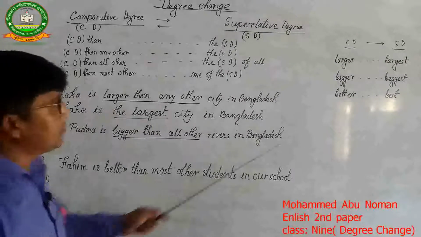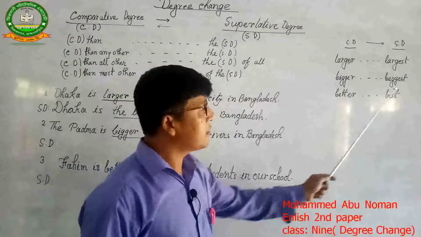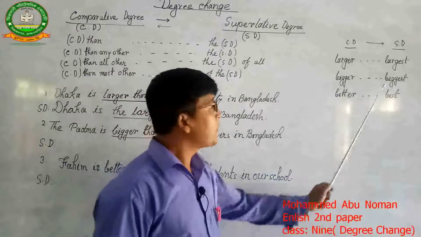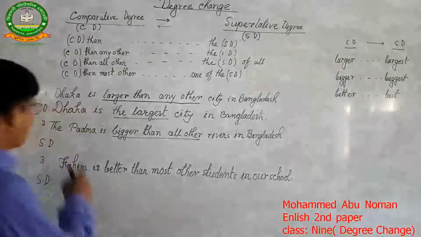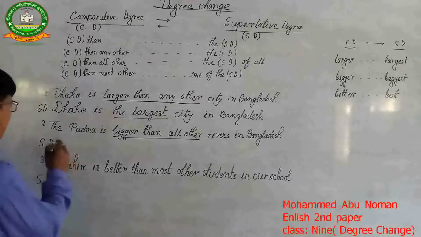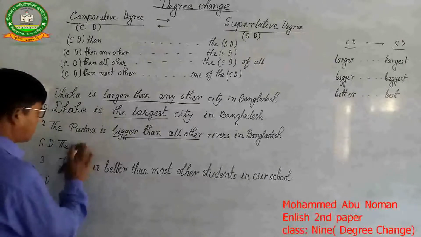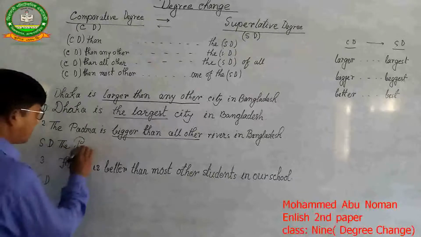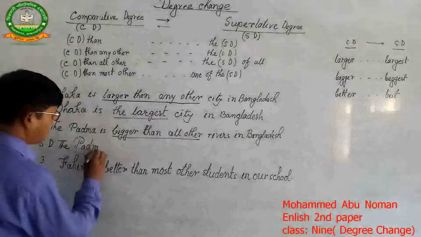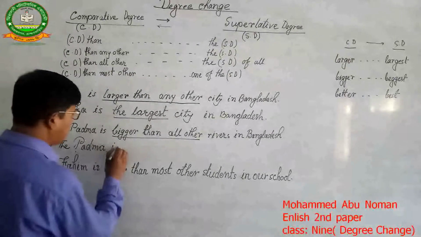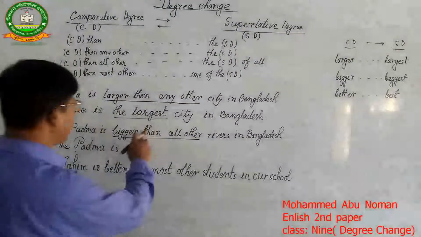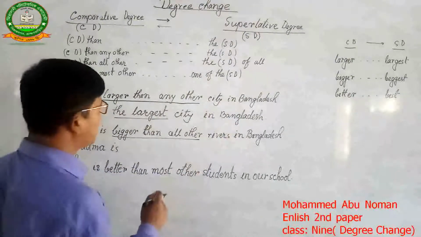Bigger is the comparative form, and the superlative form is biggest. So we will use "the" here. Padma has no change, only the degree part: bigger becomes the superlative form biggest.